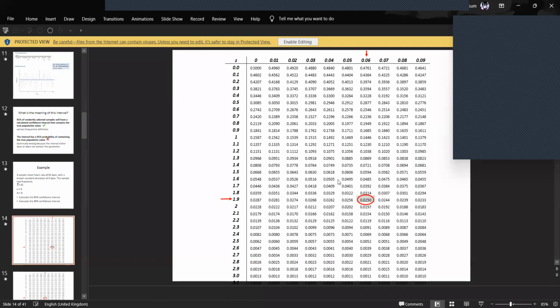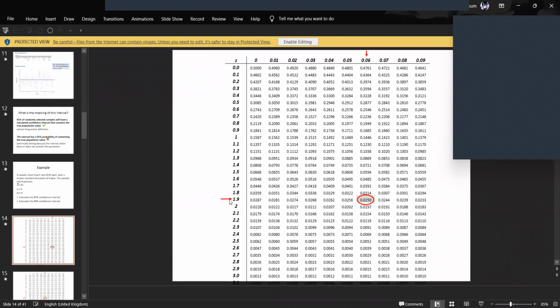You just want to look at where you have 0.05, and then if you apply the two-tailed logic, it would become 0.1 or 10%. And for this one, it's 0.025, and if you apply the two-tailed logic, it becomes 0.05 or 5%.